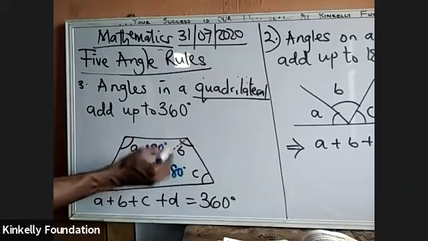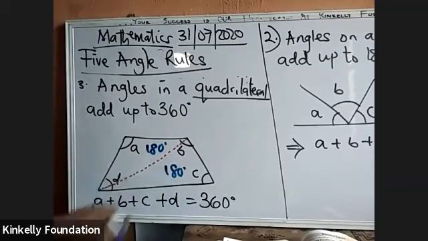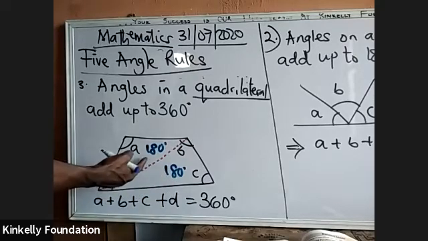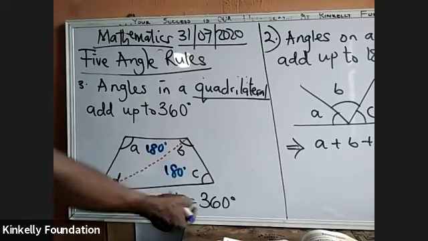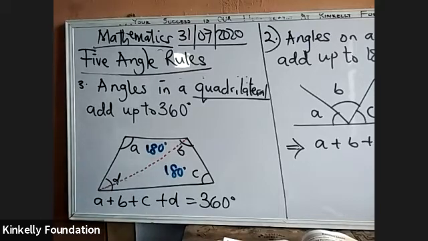Now we have that the sum of the interior angles is equal to 180 plus 180 to give us 360 degrees. That's the sum of angles in a quadrilateral.